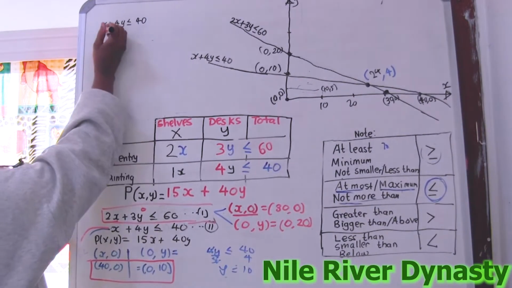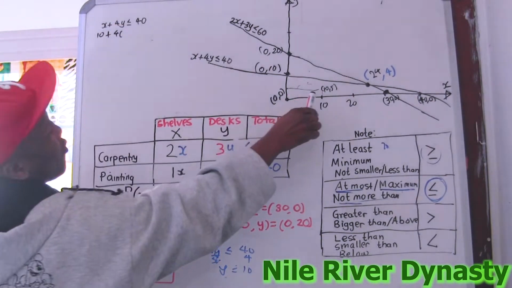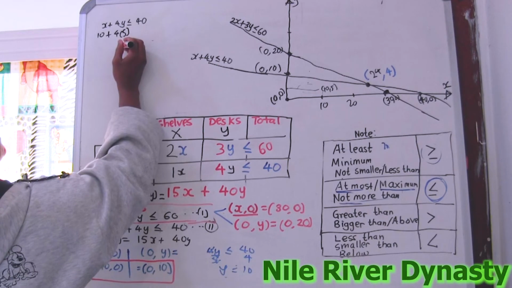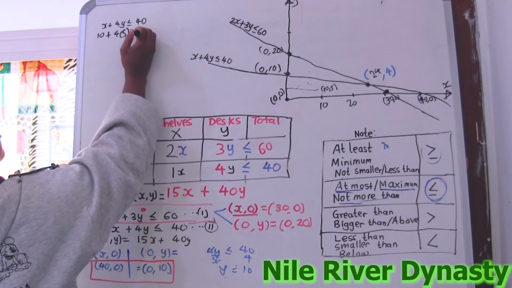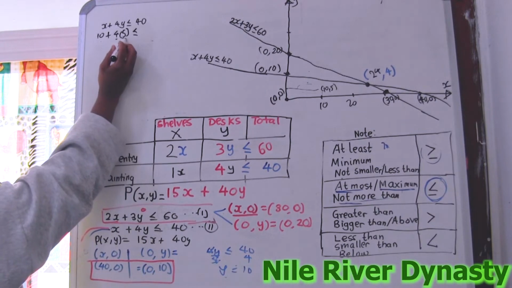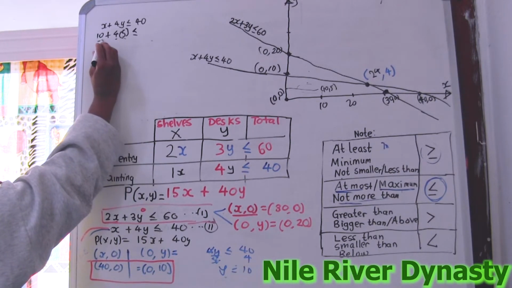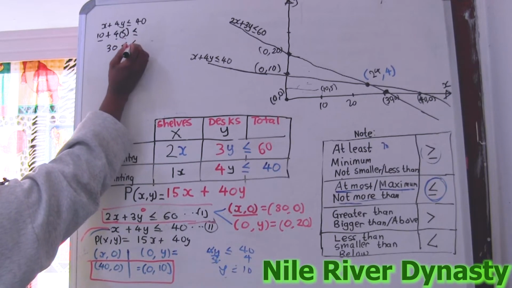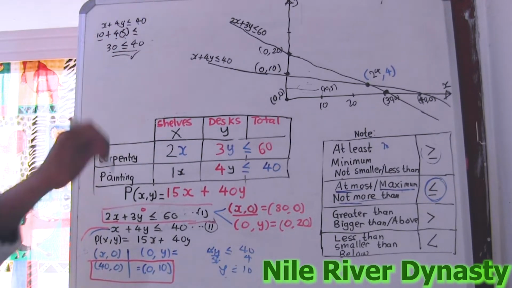So x equals 10, so here it's going to be 10 plus 4 times y, where y equals 5. We want to see if this is less than or equal to 40. 4 times 5 equals 20. 20 plus 10 equals 30. Is 30 less than or equal to 40? Yes, it's true.